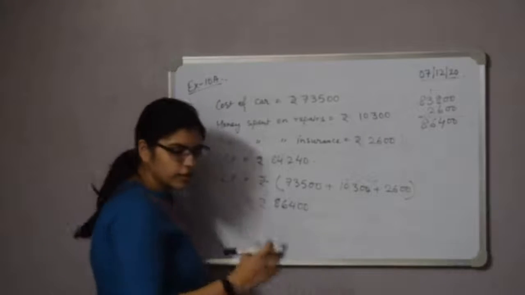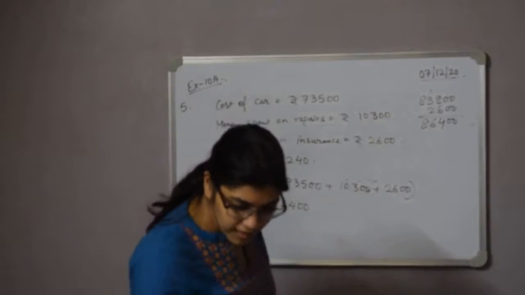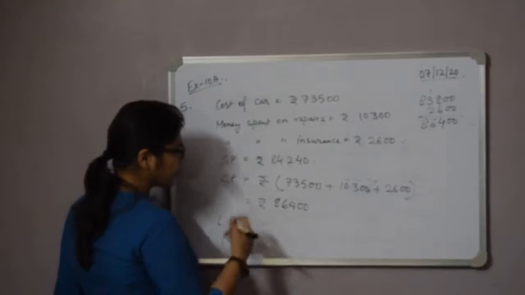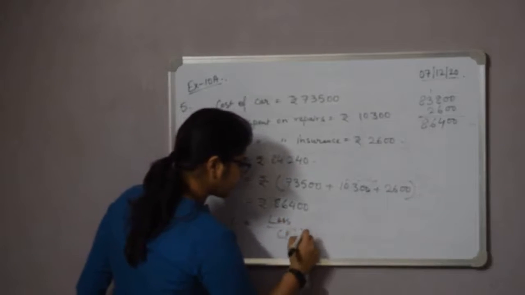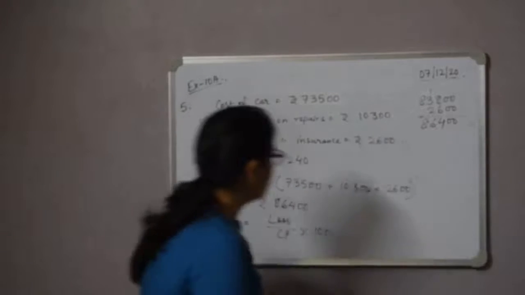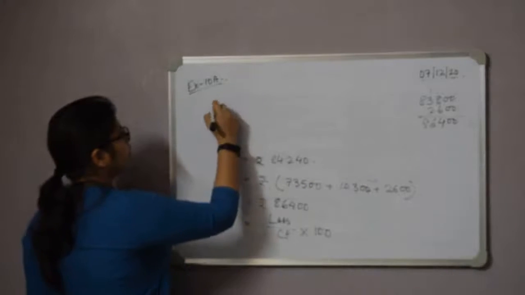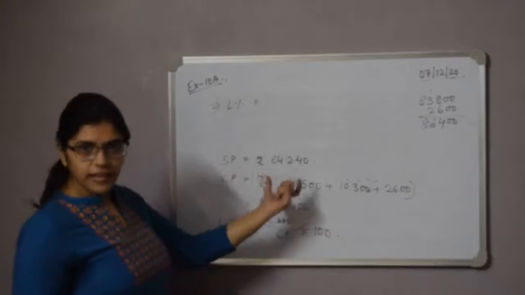So we have to calculate the gain or loss percentage. So now loss percentage is loss by CP multiplied with 100. So loss is how much? Loss is cost price minus selling price.